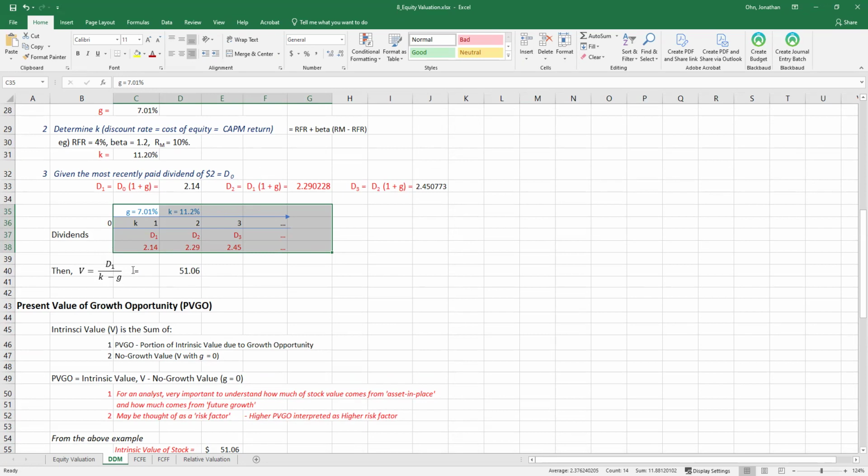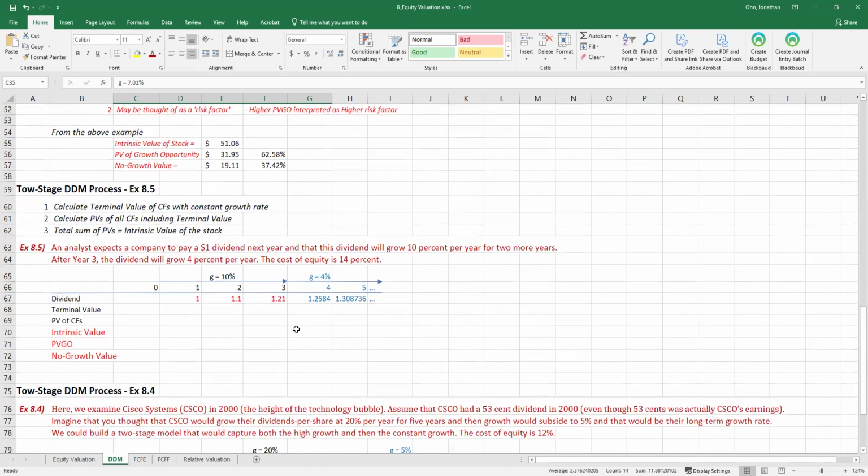V is equal to D1 divided by K minus G. You calculate this way here. So let's apply exactly the same formula, the same approach, and calculate that here.